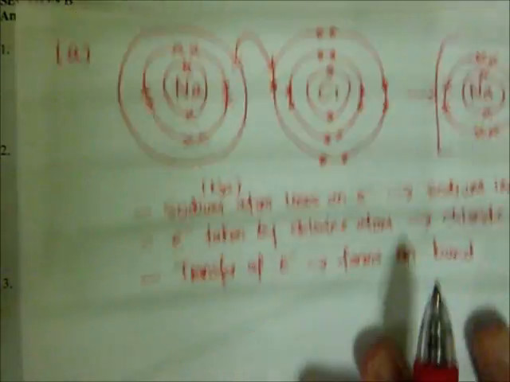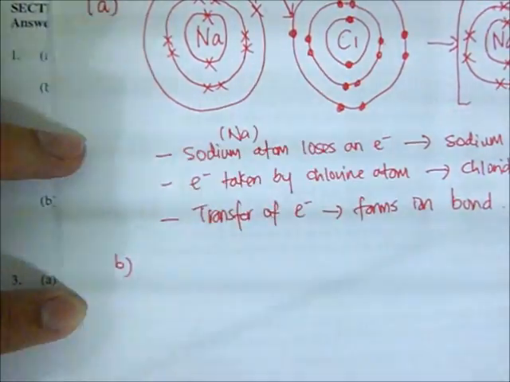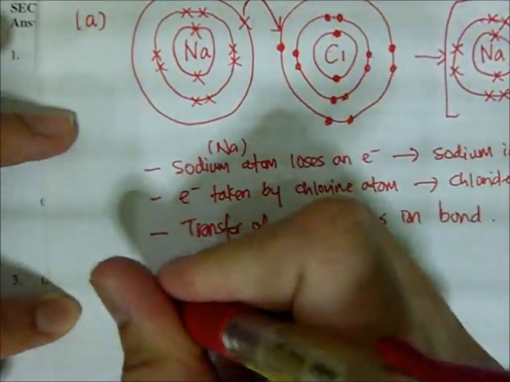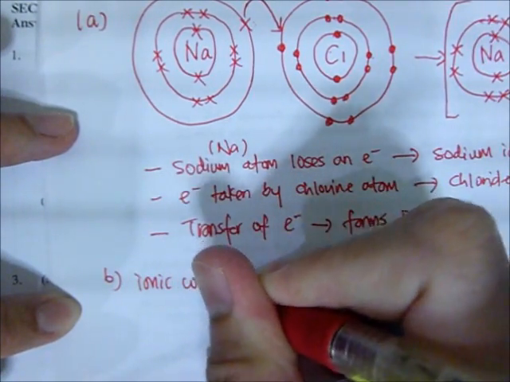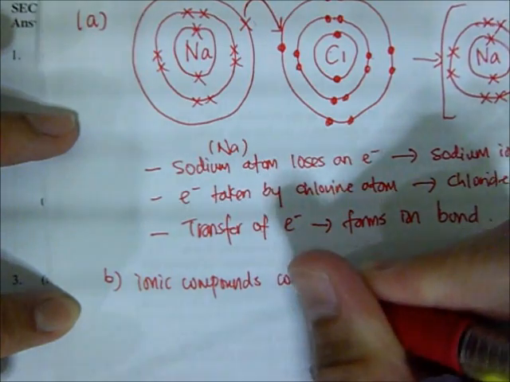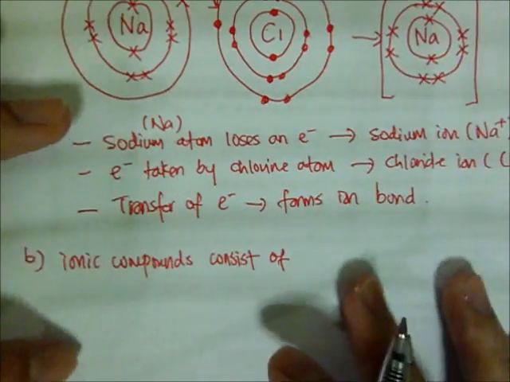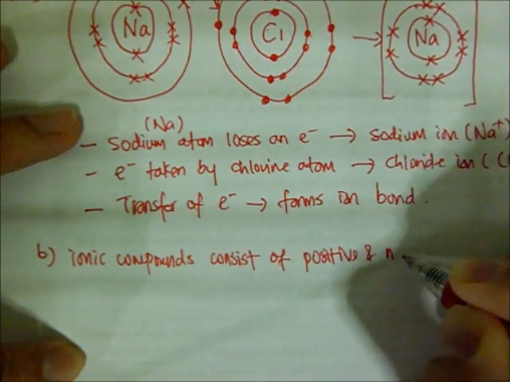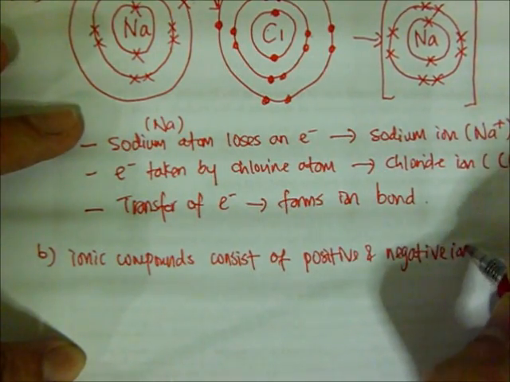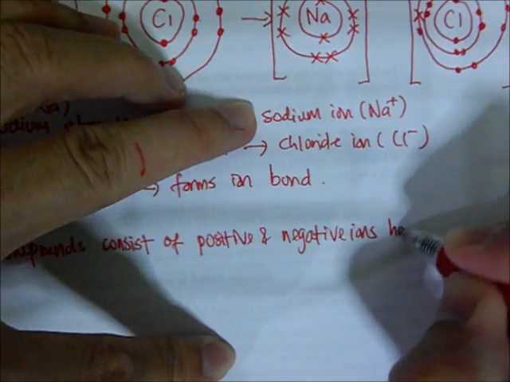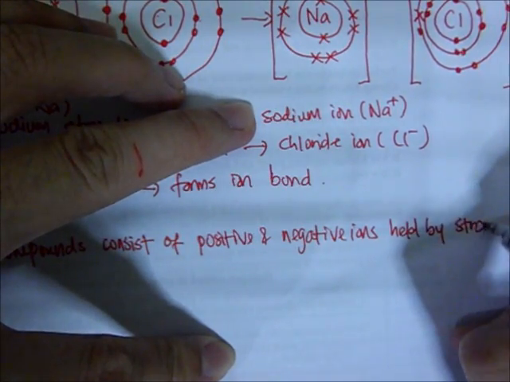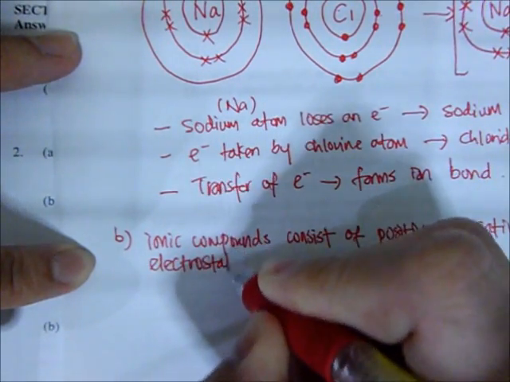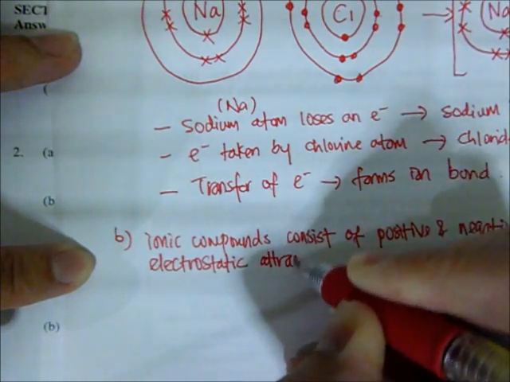Okay, so for part B, you need to say ionic compound consists of positive and negative ions held by strong electrostatic attraction force.